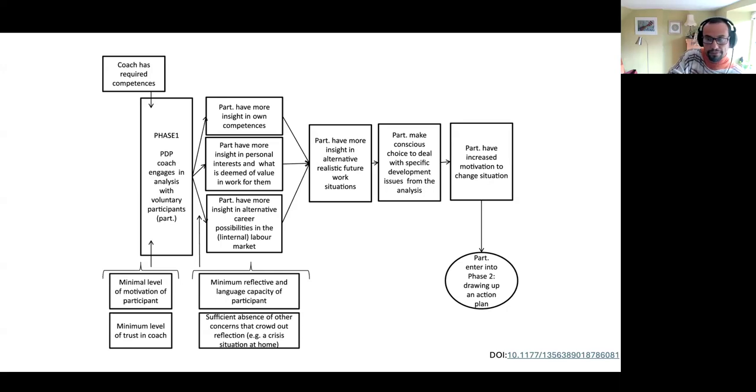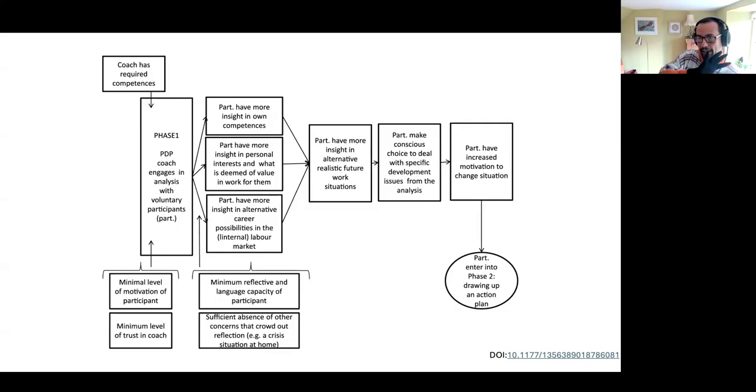Obviously, from the coach calling for voluntary participation, some of the participants might gain some insights, some gain insights in their competencies, others insights of the work that they want to do, other insights about the career market, and this might lead to a greater insight of the realistic possibilities in the future, etc.